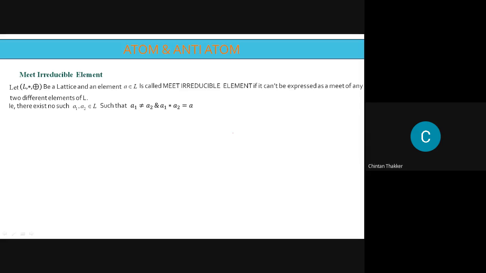If it is more than one, then it is not meet irreducible. So for meet irreducible, the line coming from upside is only one. Then that element is called a meet irreducible element. Okay.